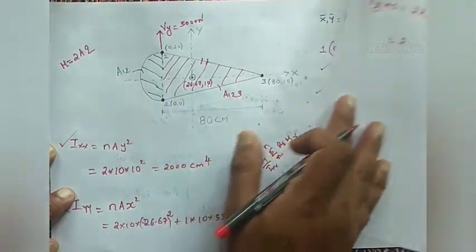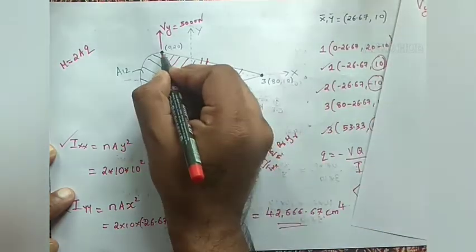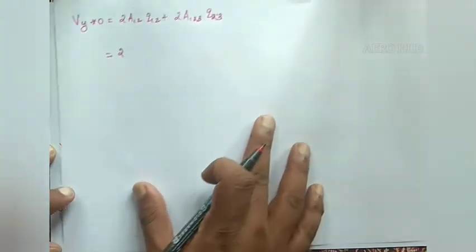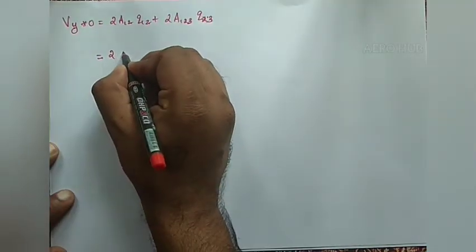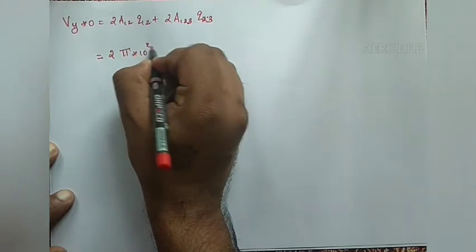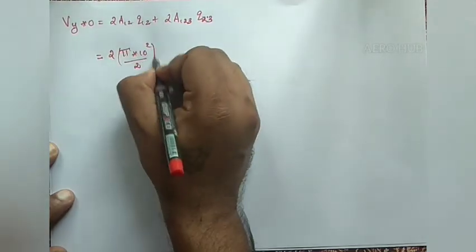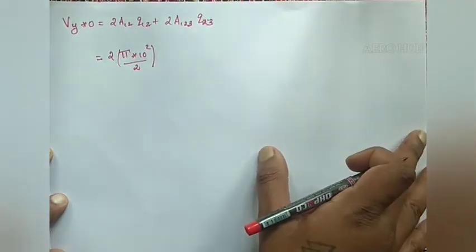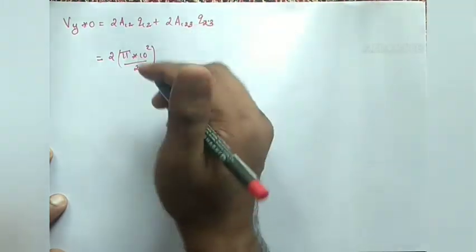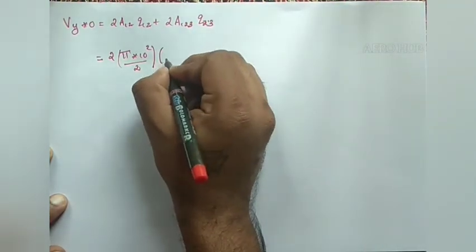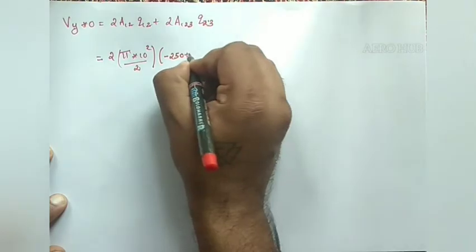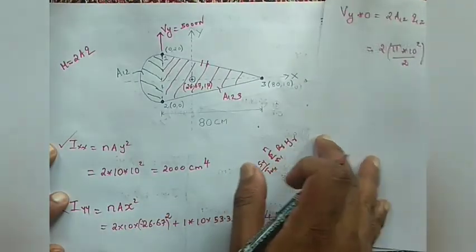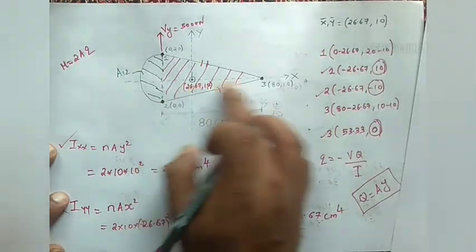The diameter is 20 centimeter, so the radius is 10, and it will be pi into 10 square by 2 into Q12, which will be minus 250 plus Q naught, plus the area of 1, 2, 3, that is the area of this triangle.